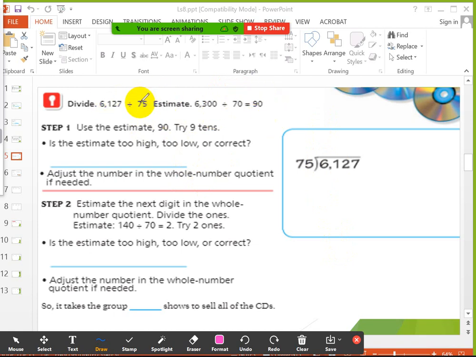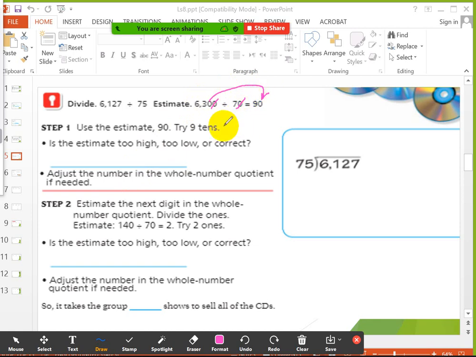They round 75 into 70, and 6,127 into 6,300, because I want to round the dividend and the divisor into the nearest numbers that I can divide by each other. So I can divide 63 by 7, right? 63 divided by 7 equals 9. But first I have to erase one 0 here from one 0 here. Now 63 divided by 7 equals 9, as we learned, and you have a 0, you have to put it in the quotient, so the estimation is 90.